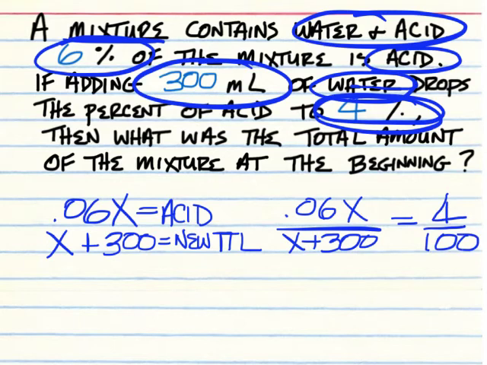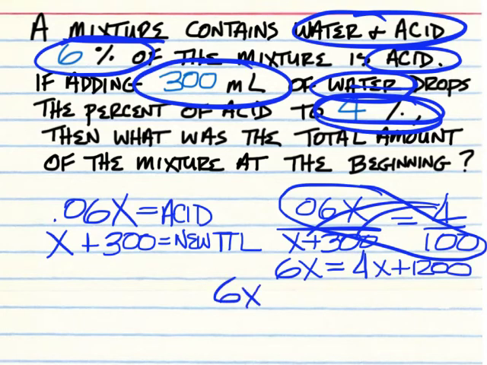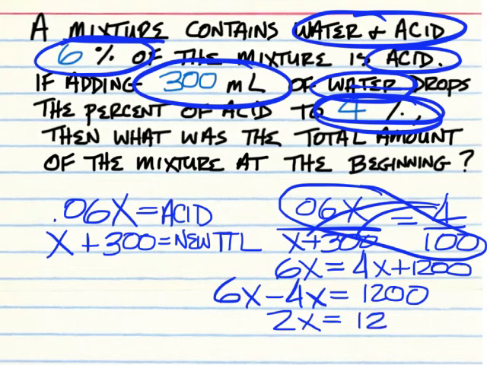Cross multiply here to get 6x, and then here to get 4x plus 1200. 6x minus 4x is 2x. And when you divide 1200 by 2, you'll get 600 milliliters.